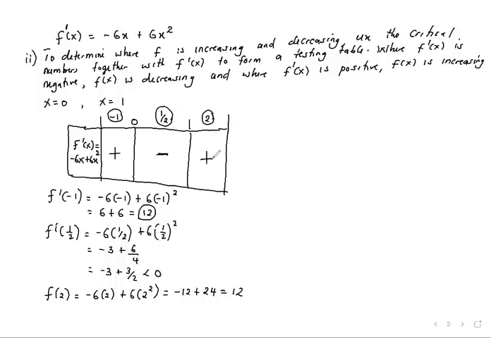Here we said where f prime is negative, then f is decreasing. So f of x is decreasing on 0 to 1. You should never include the boundary numbers.